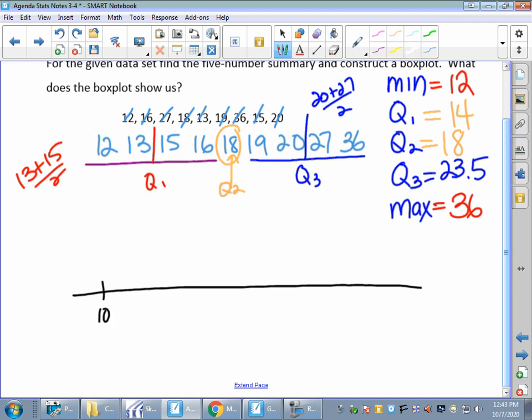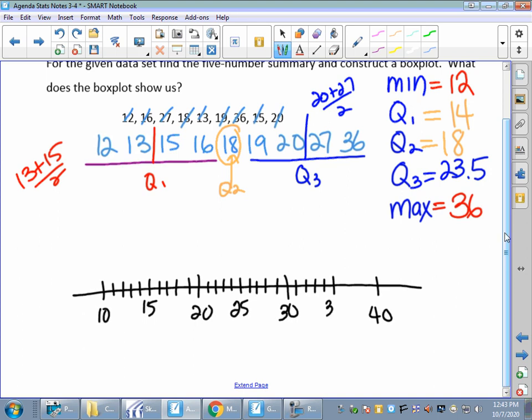Here's 10, 20, 30. And we go on. That seemed like an easier way.